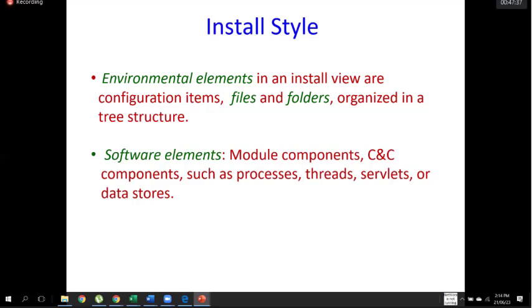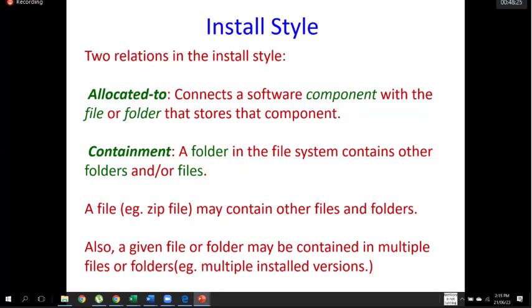So software elements are the configuration items, source code files, folders, and we have these components, whatever it is, anything that we execute. So they define two types of relationship, allocated to and contained.